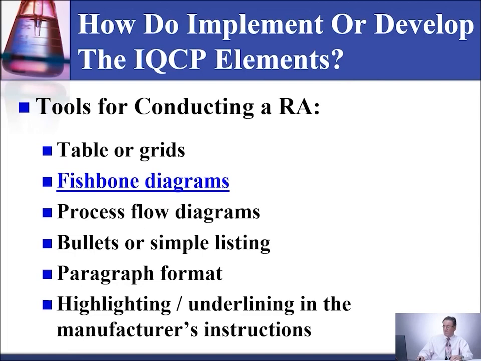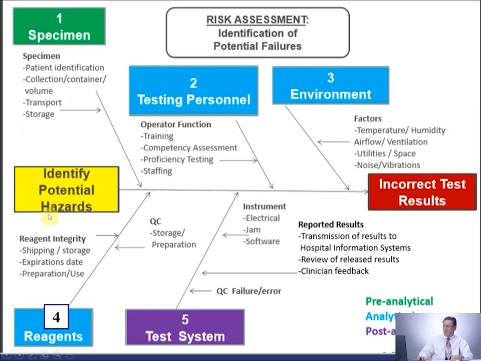Other tools include process flow diagrams, bullets or symbol listing, paragraph format, and highlighting or underlining in the manufacturer instructions. So this is the fishbone diagram for the risk assessment, identification of potential failure.